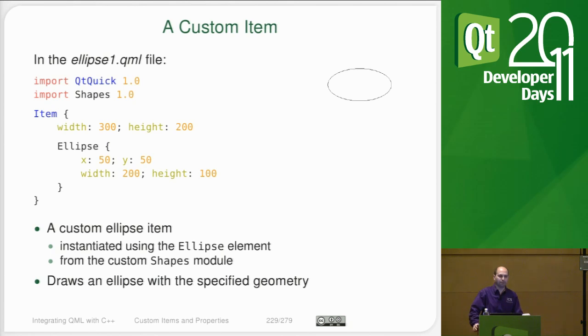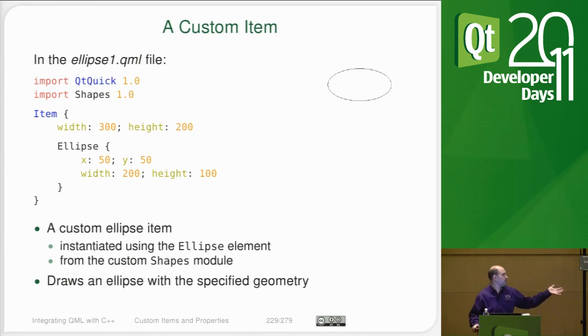Let's take, for example, first this ellipse1.qml file. Now, there is no Ellipse item in QML. We're going to make that in C++ and let users use it. So here we have an import shapes 1.0. We have this new module called shapes, and inside of shapes happens to be the Ellipse item. And we create it just like any other QML item.